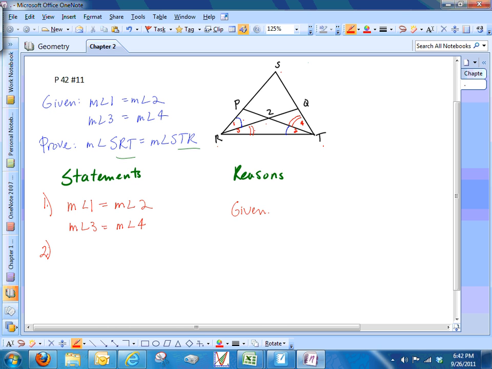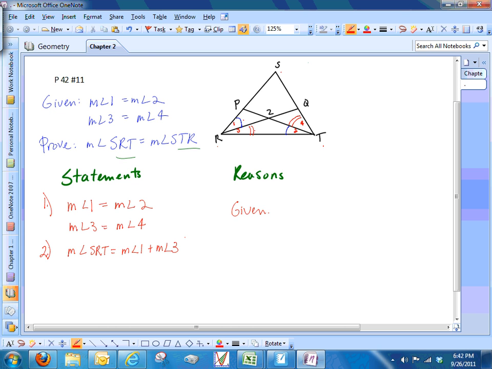So it would be really convenient if I was able to have angle 1 and angle 3 added together so that I could have SRT show up in my proof. So that's what I'm going to do. I'm going to write the measure of angle SRT is equal to the measure of angle 1 plus the measure of angle 3.